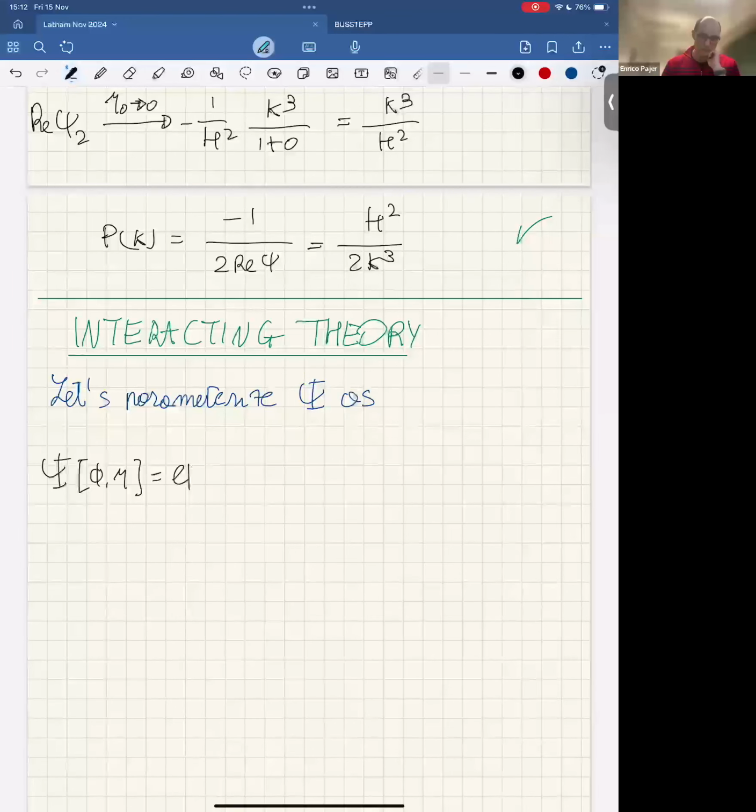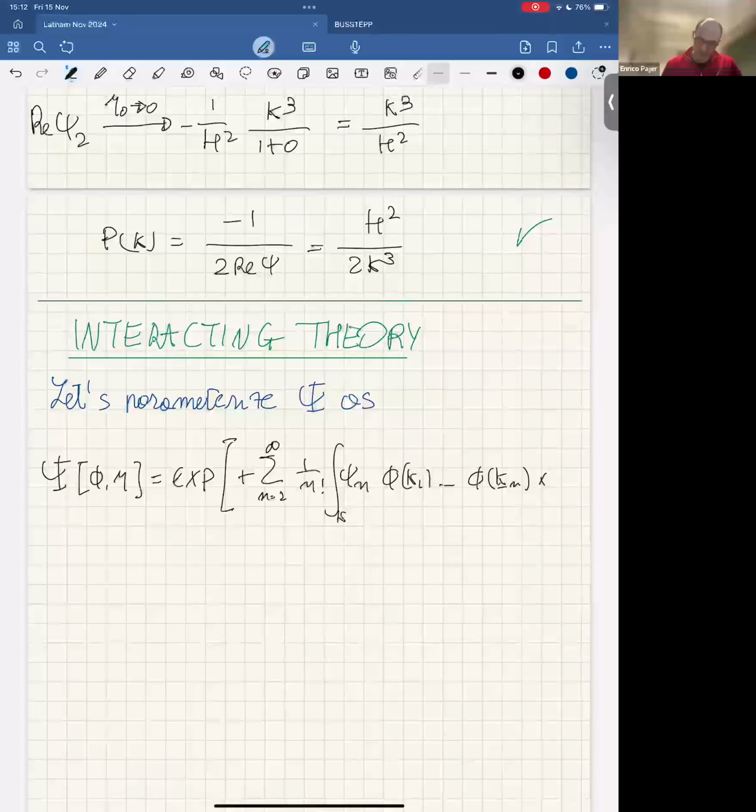We're going to assume that no matter how complicated it is, we can write it as the exponential of an infinite sum, 1 over n factorial, sum from n from 2 to infinity, of psi n, phi of k1, phi of kn, times, and this is an integral in k1 to kn times a delta function of the sum of k's.